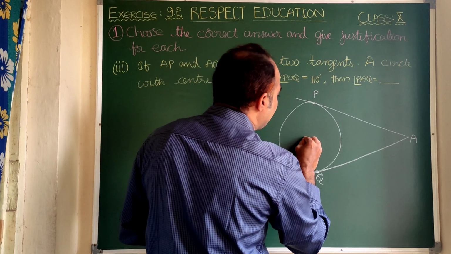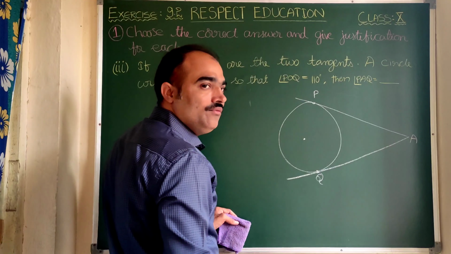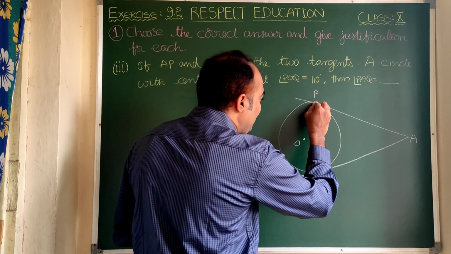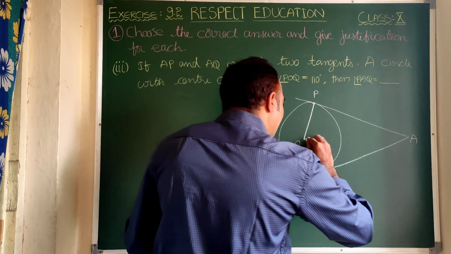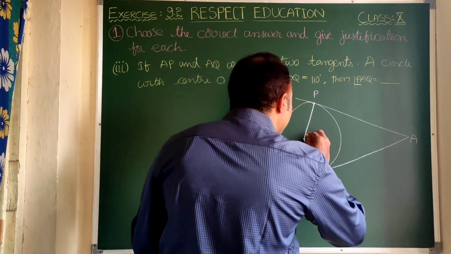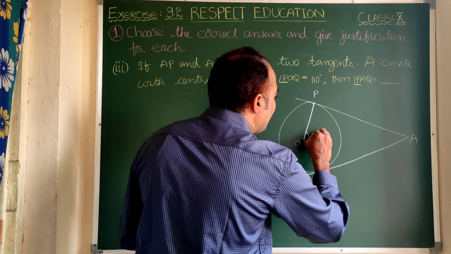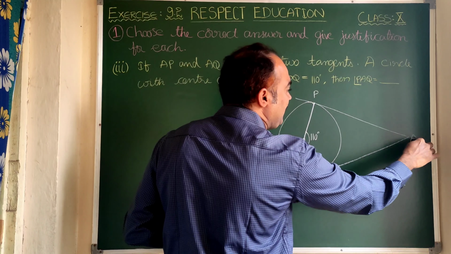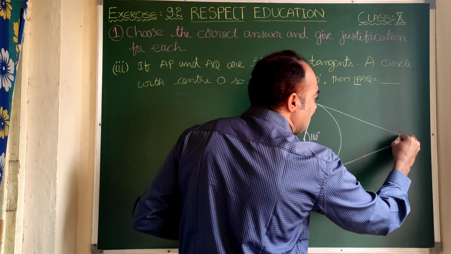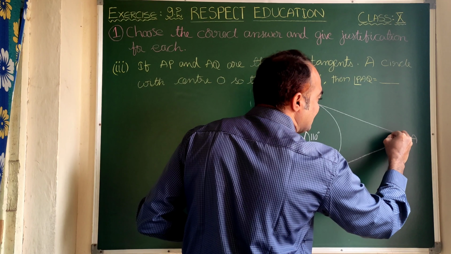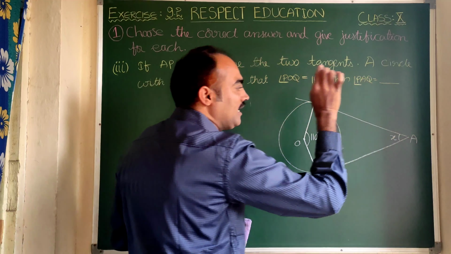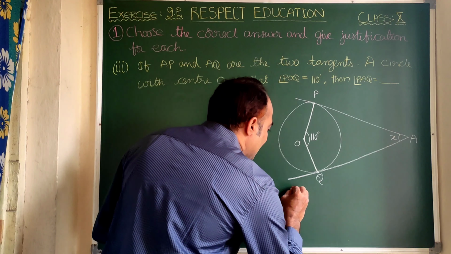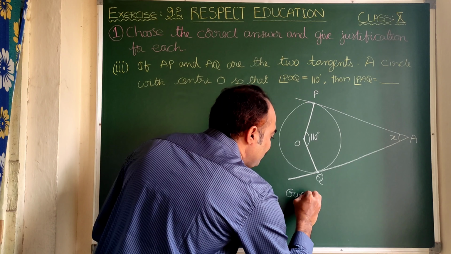Now here the question is that angle POQ is 110, where the center is O. If you join PO and then OQ, this angle is 110 degrees. Now we need to find angle PAQ, means this angle is required. Let us take that angle as some x, or we can leave PAQ as it is, not a problem. So here let us write the given conditions.